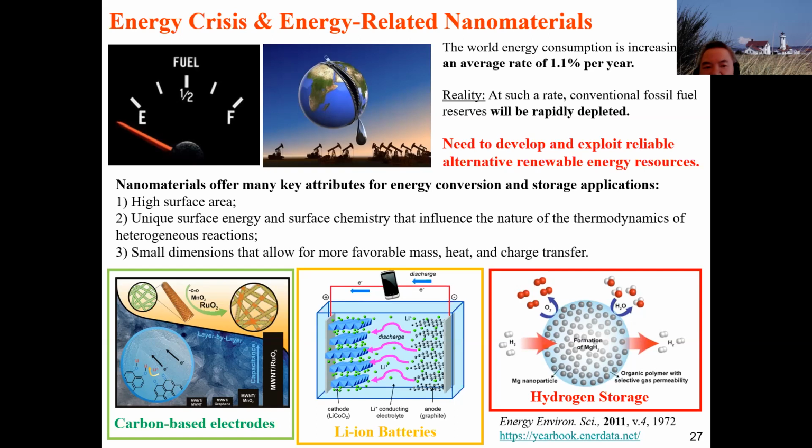And one of the things which I didn't really highlight too much in this presentation was the characterization part of it. One of the things which has become a really major question for scientists is to understand how materials are behaving as they are functioning and performing.